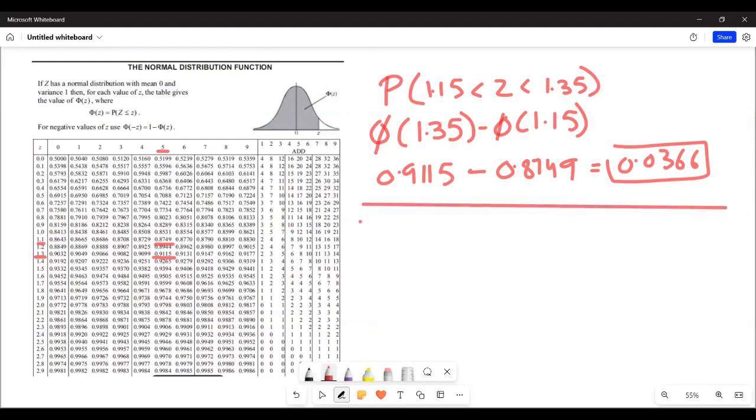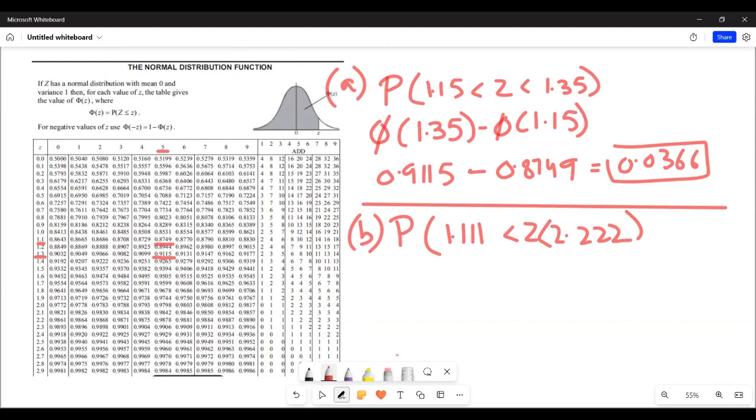Okay, part B, which is probability Z is between 1.111 and 2.222. So where's 1.111? 1.1 is here, 1 is here, and another 1 is here.